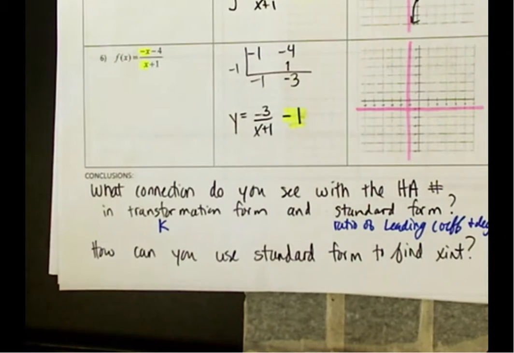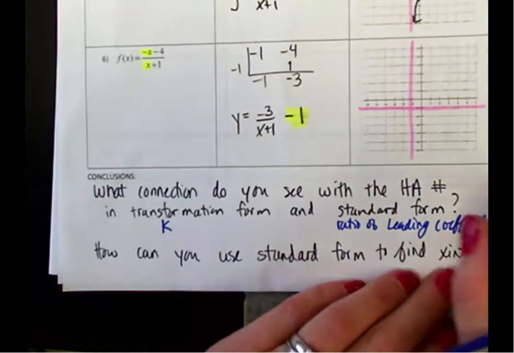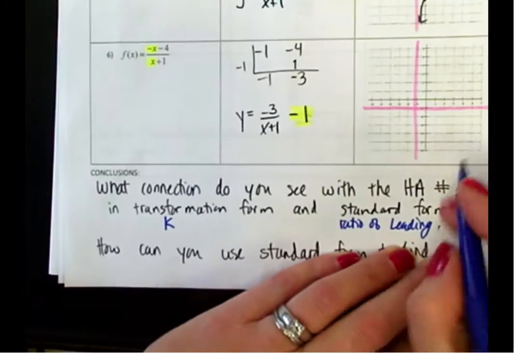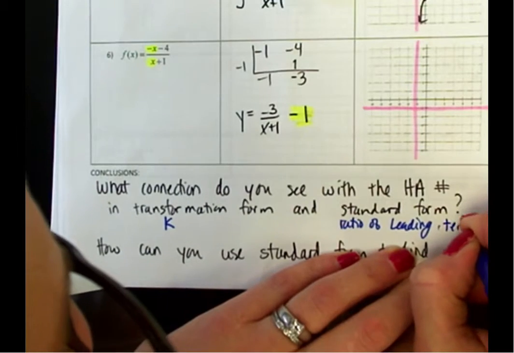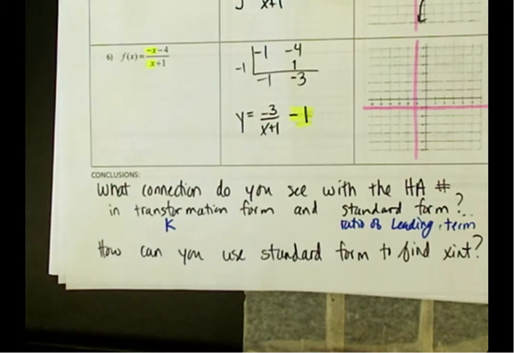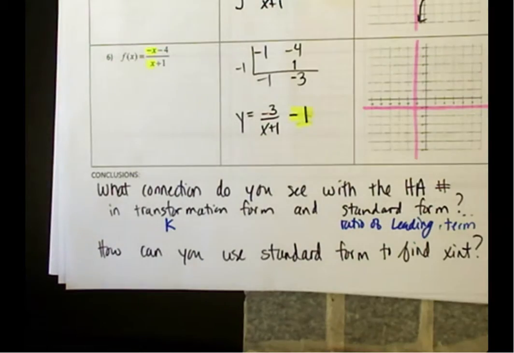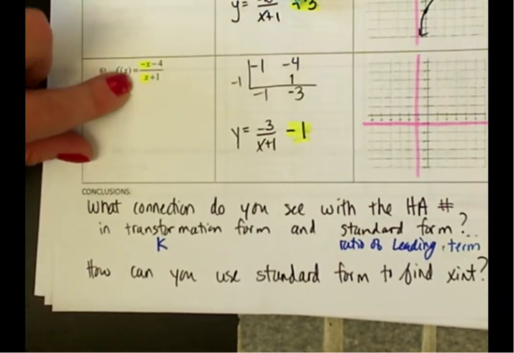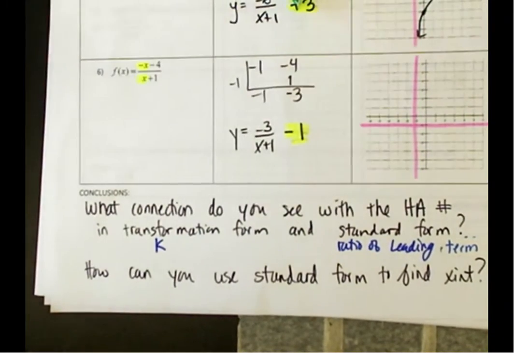I probably should have said leading term, because the term incorporates the coefficient and the variable degree part. It's just two polynomials, which means we have to look at the top polynomial and the bottom polynomial and put them together to get the end behavior model.